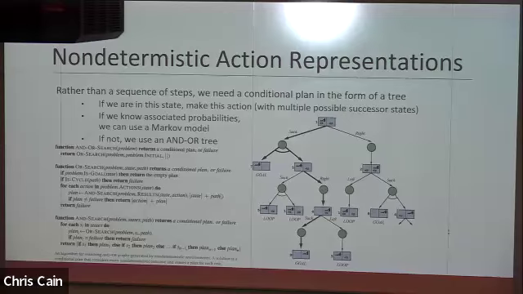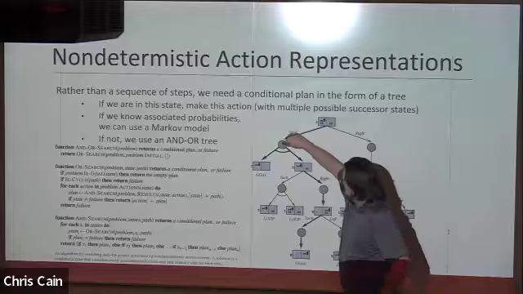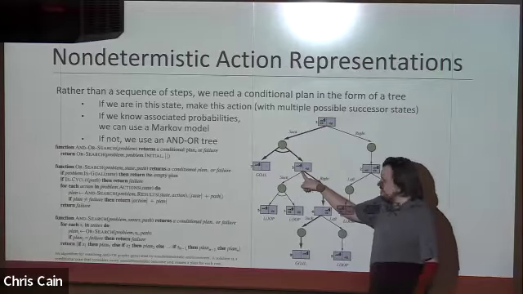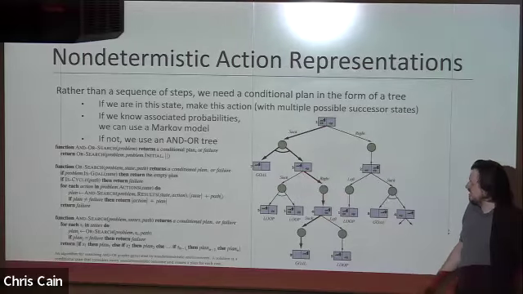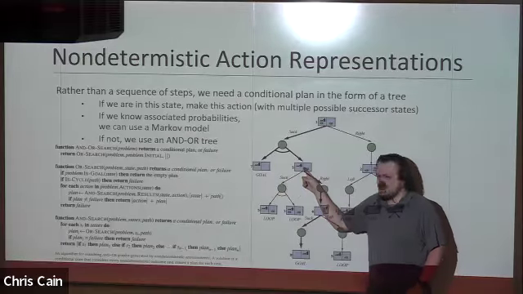What are the circles in this? They're kind of a chance node. When we tell it from state 1 to suck, we actually don't know now if it's going to be in state 7 or in state 5. But we make the decision to tell it to do this, knowing that we could end up here or here.